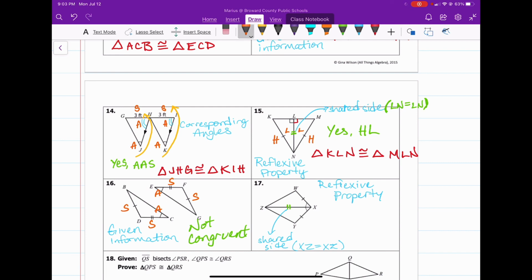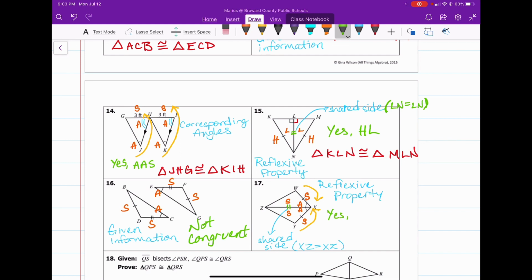Now, because of that, we need to put a congruent marking here. Then we can go ahead and label, we have a side, side, angle, side, and the same thing. Side, angle, side. Now, for the top triangle, we're going this direction, and for the triangle on the bottom, we're going that direction. So when we label it, well, first we can answer it.